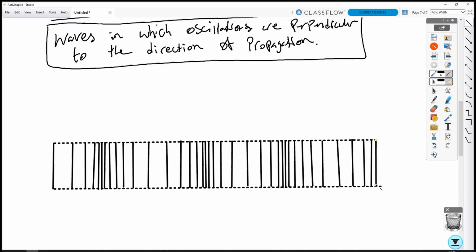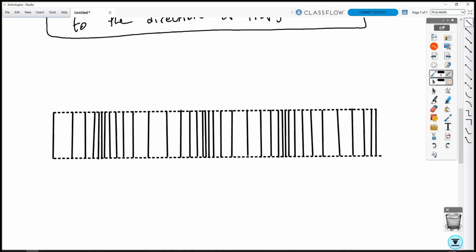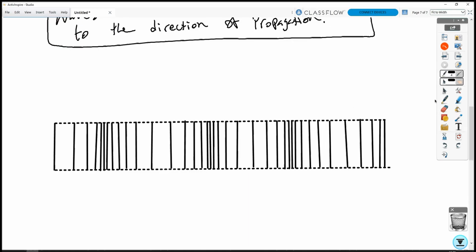I think I'll stop there. So this again is our longitudinal wave.